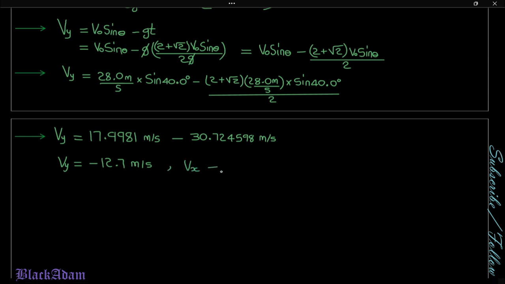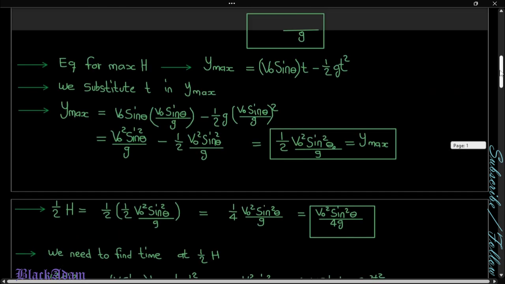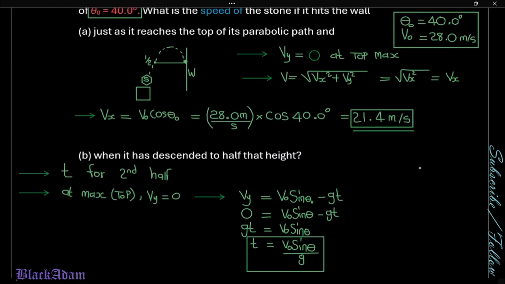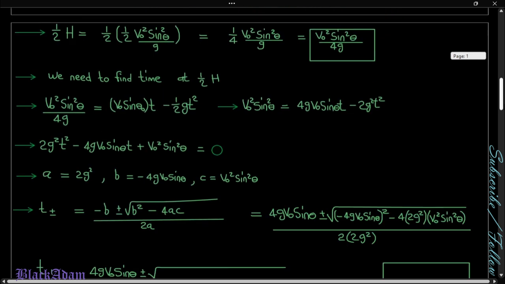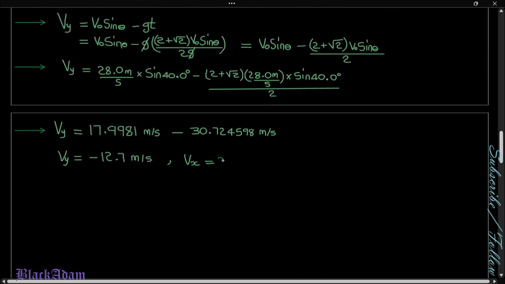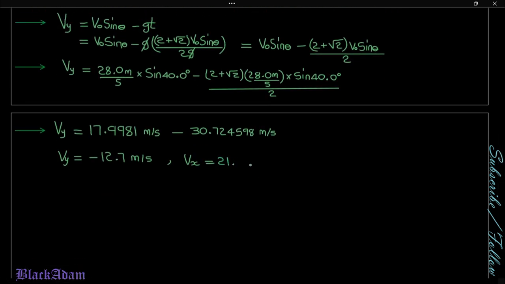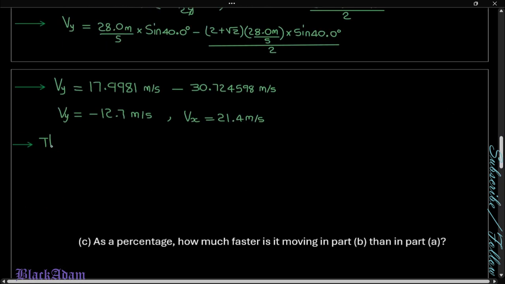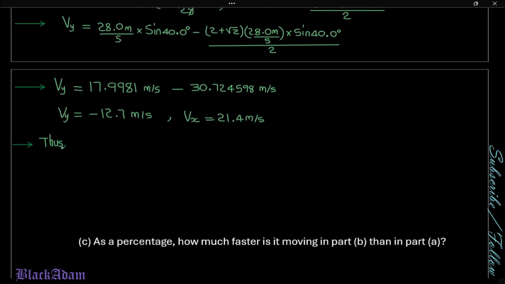We know the horizontal component we already calculated was 21.4 meter per second. The horizontal component doesn't change because it has no influence from gravity.